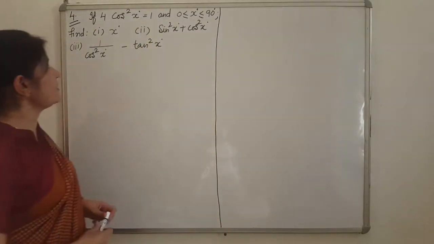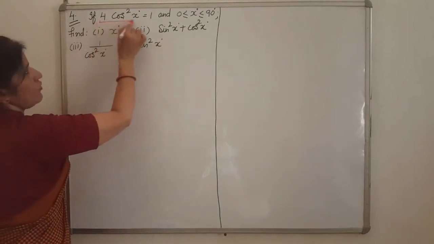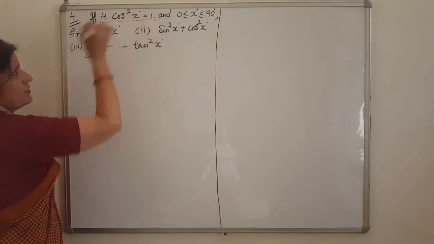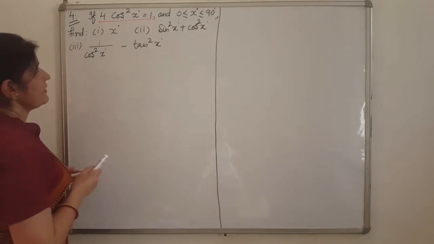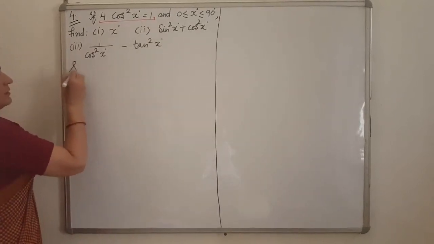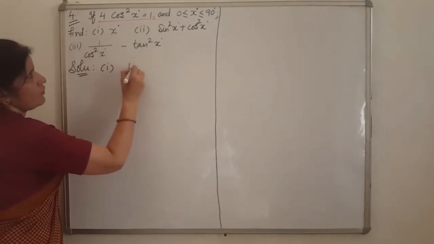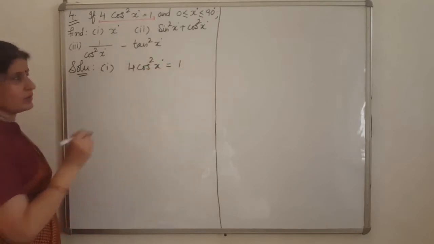Now question number 4. What is given in question number 4? 4 cos square x is given as 1. You have to use this one equation and find these 3 parts. So now we will take this equation and find the first part first. 4 cos square x is equal to 1.